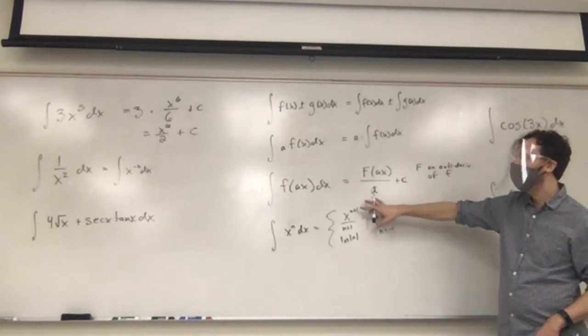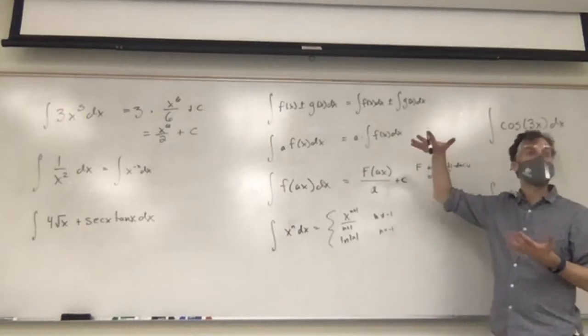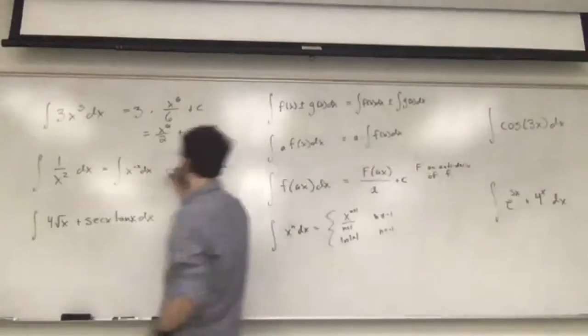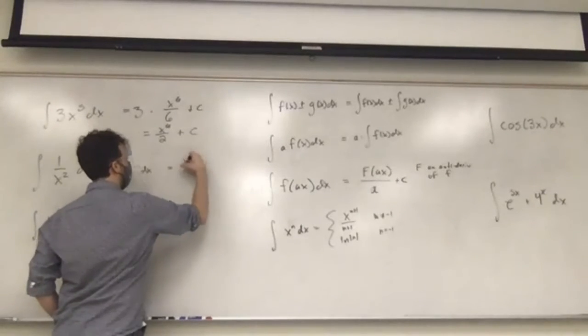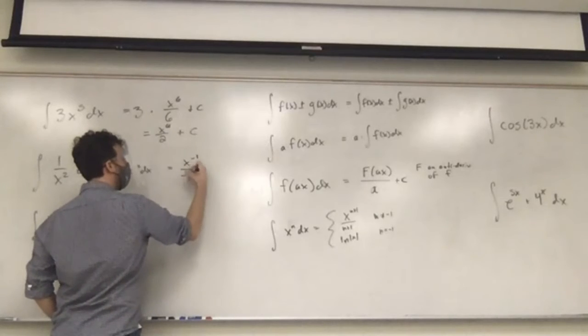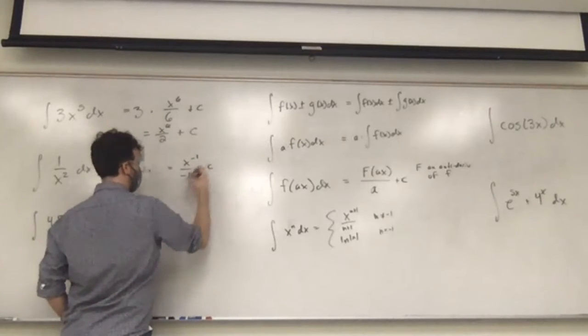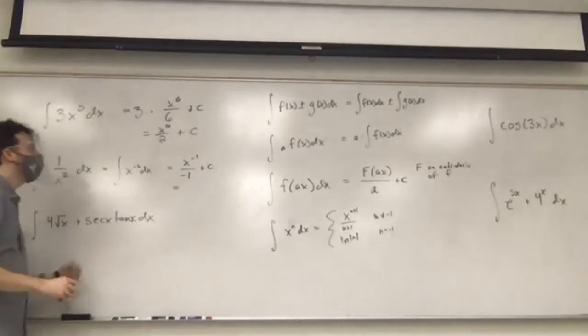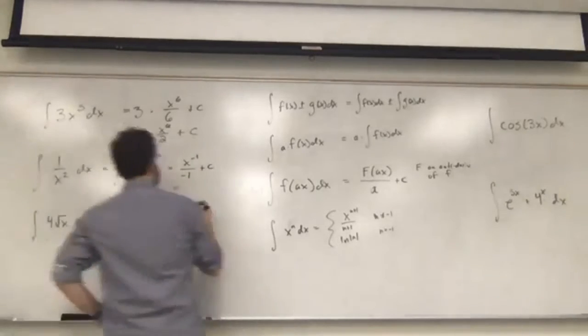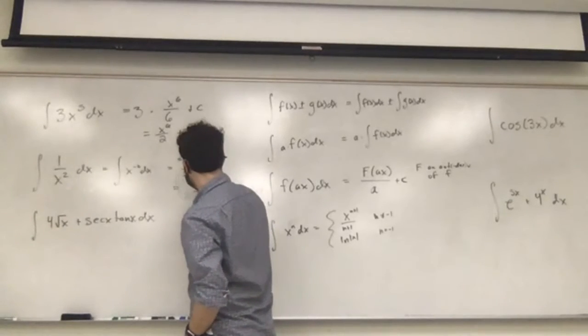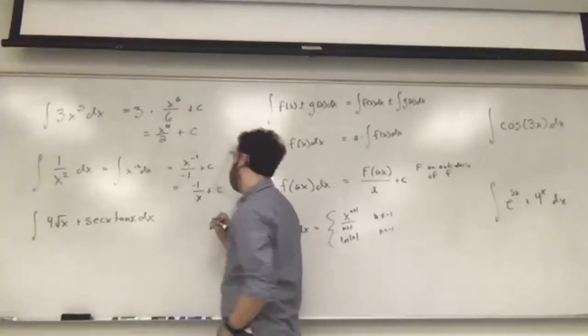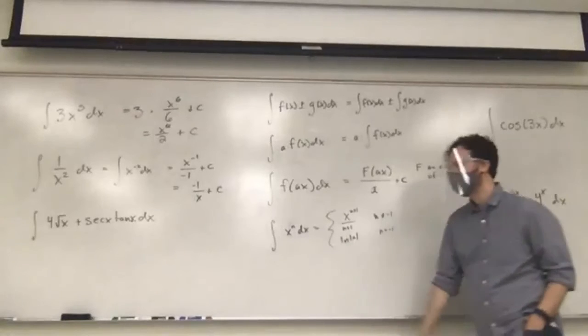When we add 1, we go from -2 up to -1. So the new exponent is -1, and we divide by that negative exponent. And then we can rewrite this as a fraction, putting the negative on top, the x on the bottom. So we get -1 over x plus c.